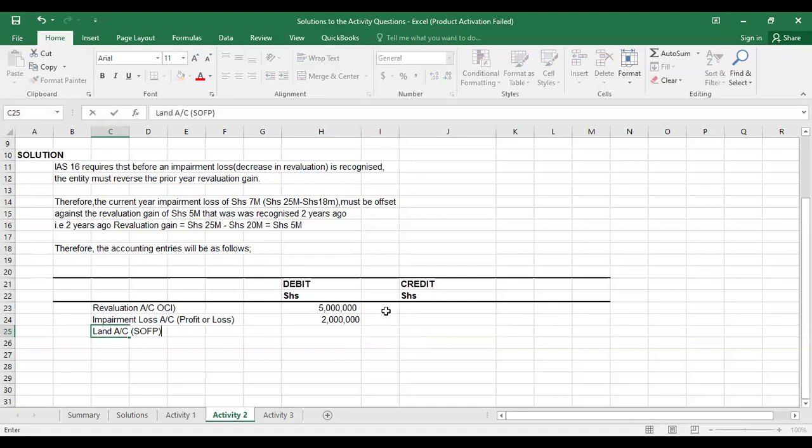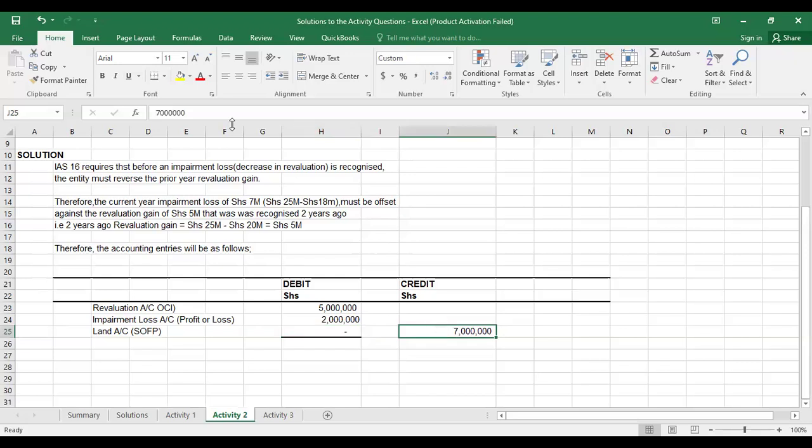Please write these things in full. I'm abbreviating them because I'm just being too fast here. We'll have 7 million. So we have our 7 million and 7 million.